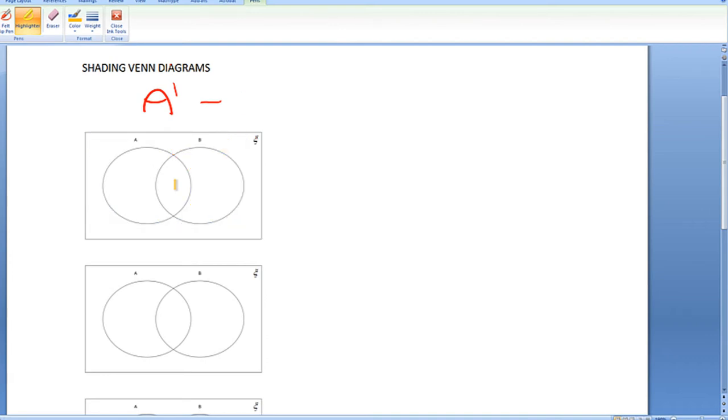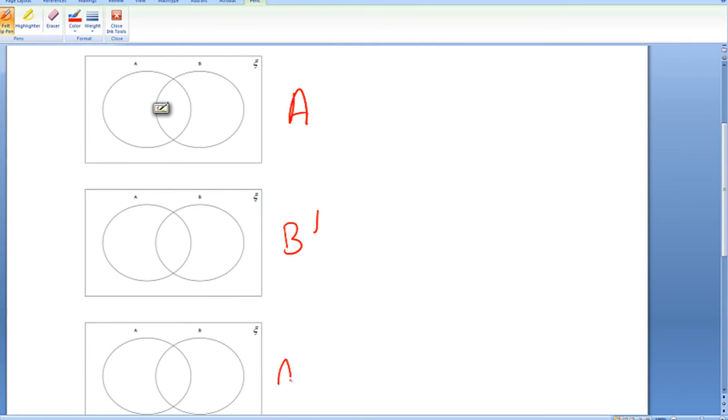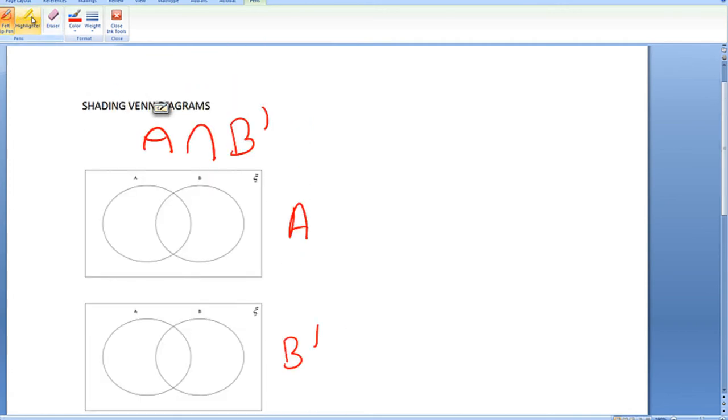Alright, let's get to the business end of this. This time we'll do A intersect not B. So we'll divide it up: A, not B, and then finally we'll look at the things that they have in common to produce A intersect not B. Alright, so here goes the highlighting.